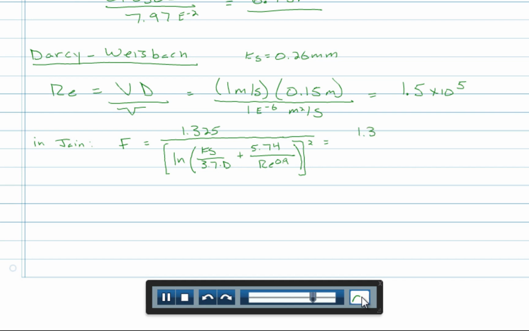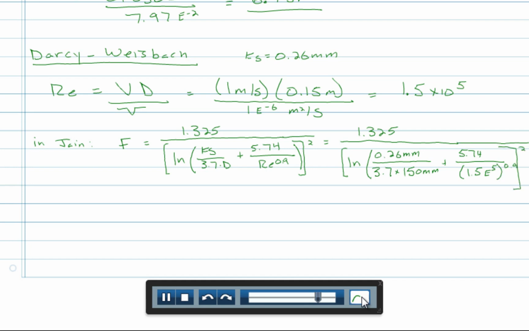We've got 1.325 divided by the logarithm of the sand roughness of the pipe, 0.26 millimeters, divided by 3.7 times the diameter of the pipe, and we have to have that diameter expressed in terms of millimeters for the dimensions to be consistent in this term of the expression. 5.74 divided by 1.5 times 10 to the 5th, our Reynolds number, to the 0.9 power. All of that is squared.